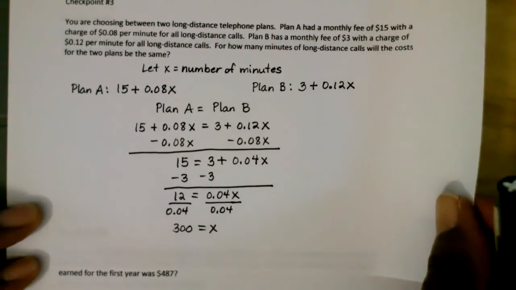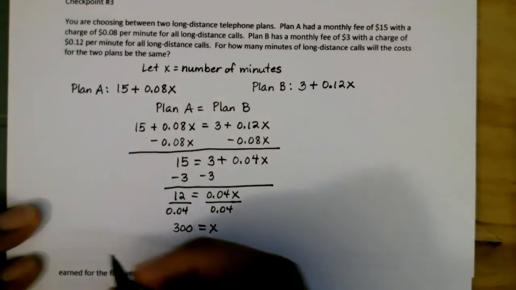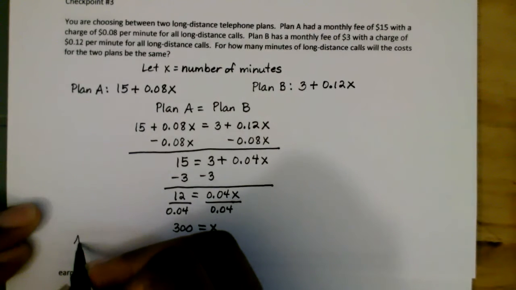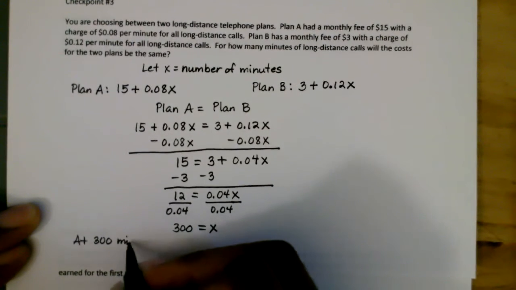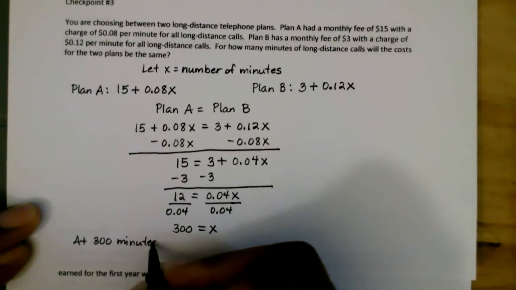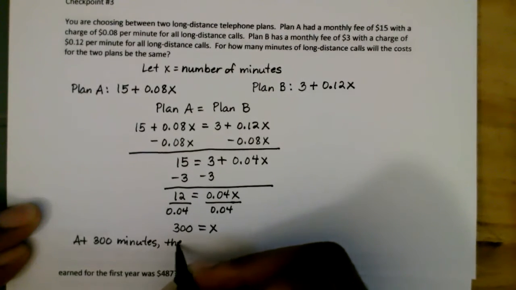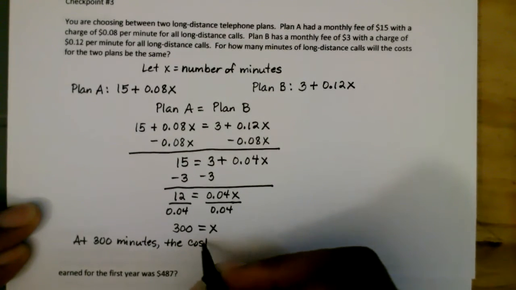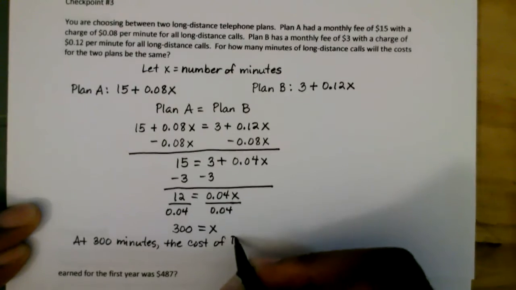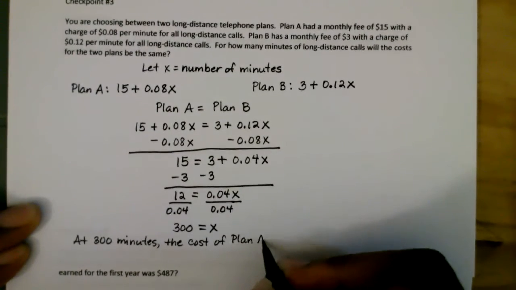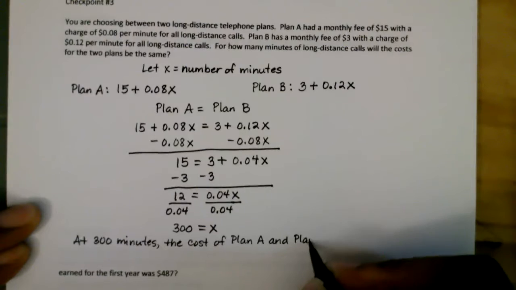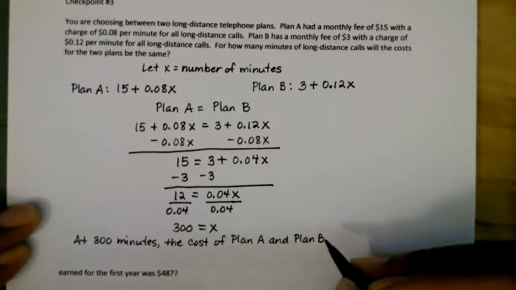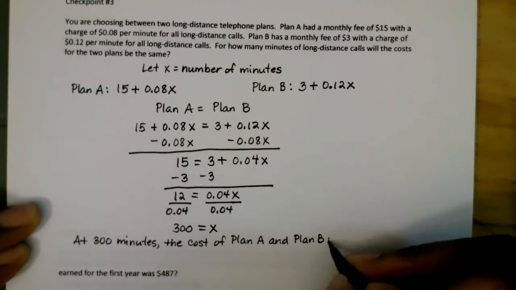Okay, so to pretty much answer that question, I would say this: at 300 minutes, the cost of plan A and plan B will be the same.